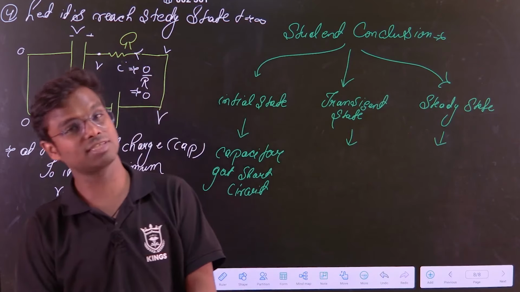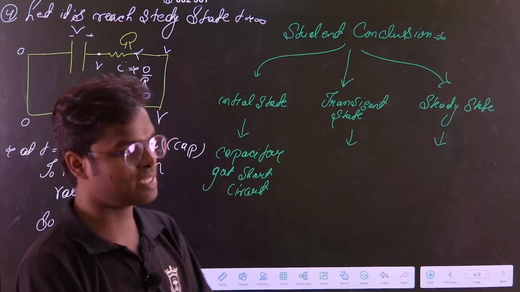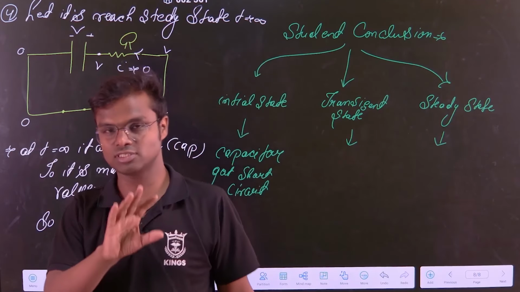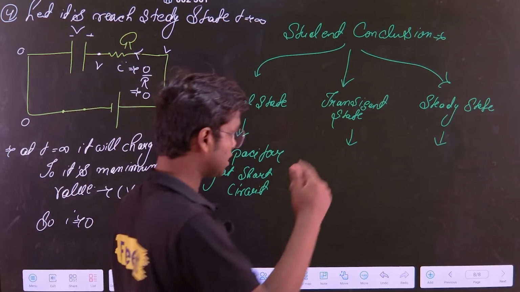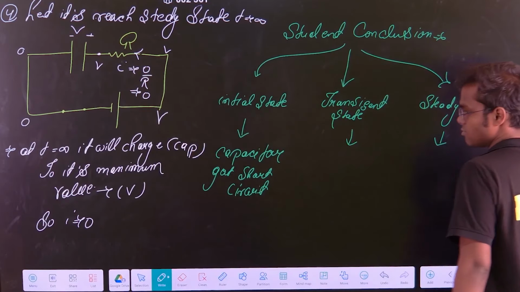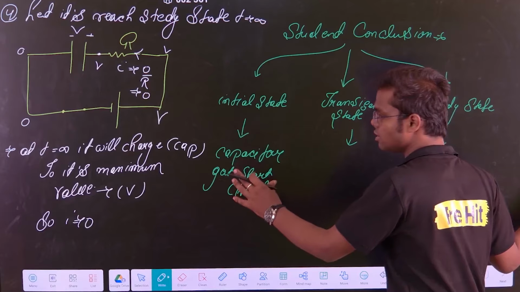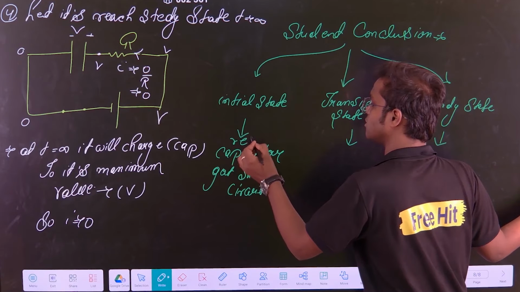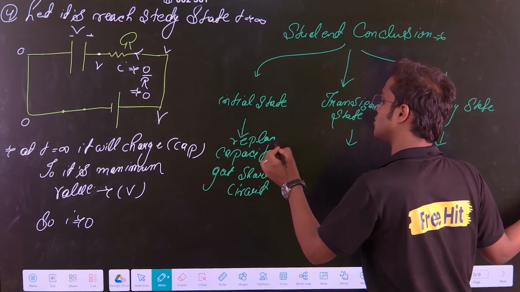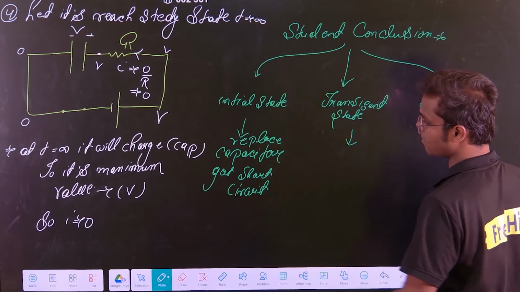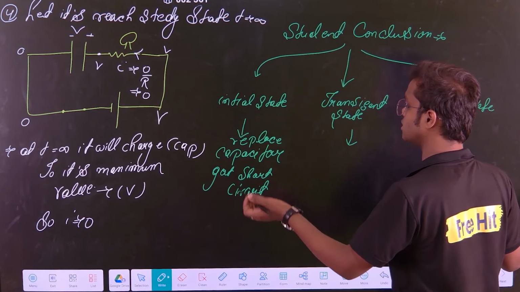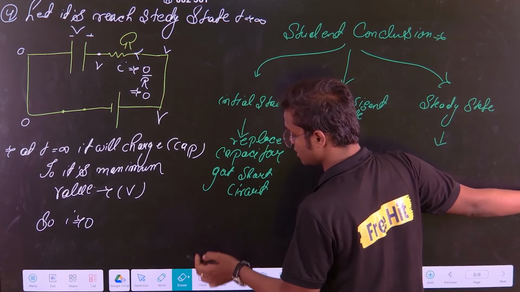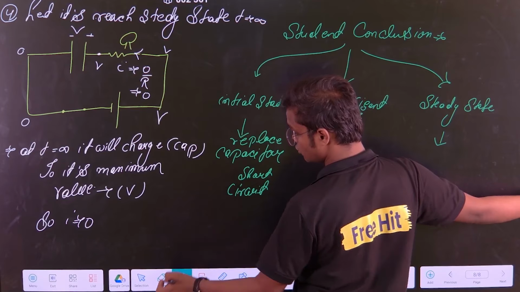There are types of questions where initially the capacitor has some charge, but in your syllabus, this type of question generally doesn't exist, because otherwise it will become more complicated for you. So initial state means we have to replace the capacitor by a short circuit. Simple. You can replace a capacitor by a short circuit.